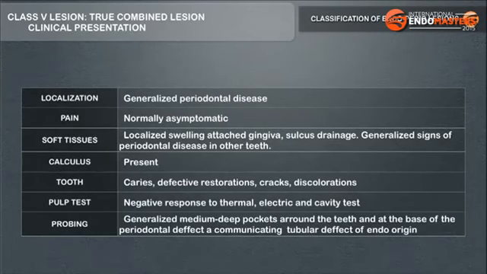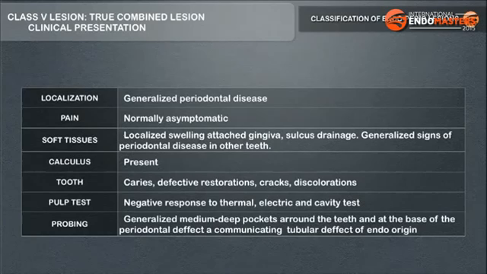Clinical presentation of class 5 lesions. Here are summarized some of the main clinical characteristics of these lesions. Normally, there is a generalized advanced periodontal disease. Pain is not present, but there could be an acute phase of endo or perio origin.